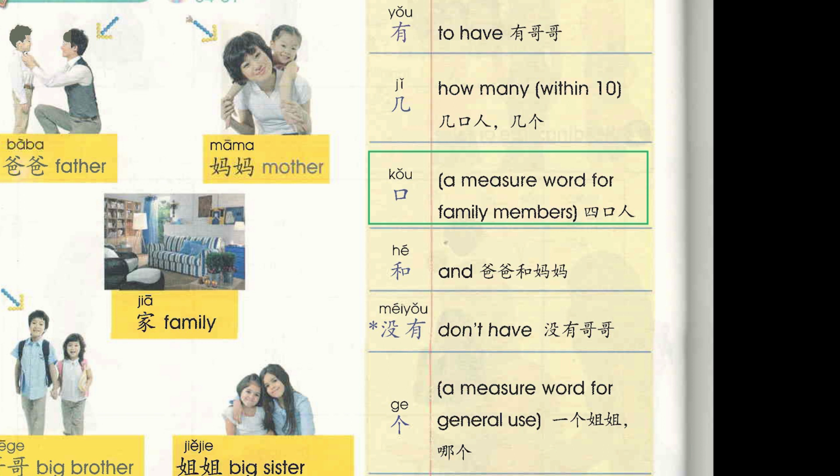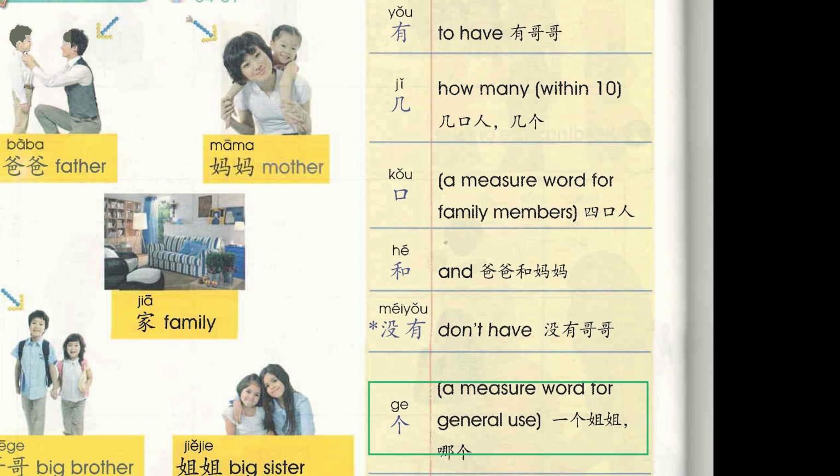So we have to say 两口人。两 means 2, and it is only used with a measure word, and the measure word here is 口。懂了吗？四和，that means and. 爸爸和妈妈，father and mother. 哥哥和姐姐，big brother and big sister. 弟弟和妹妹，younger brother and younger sister.